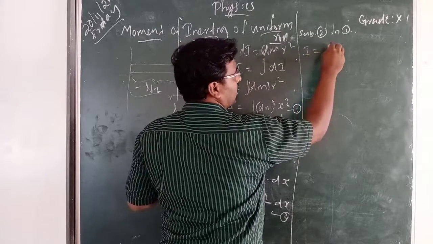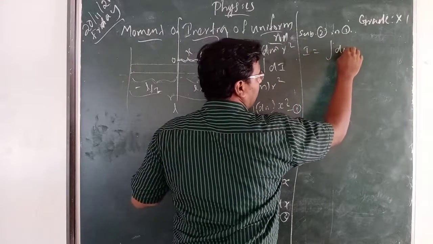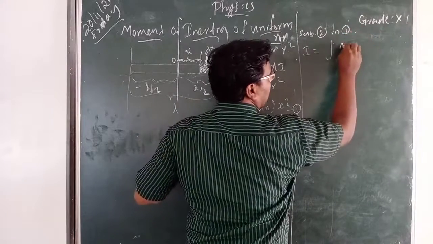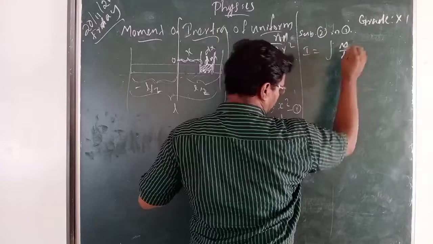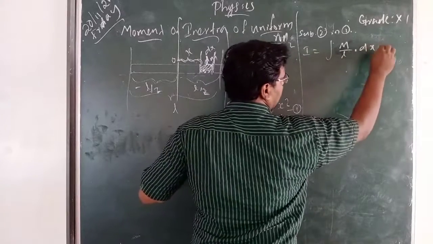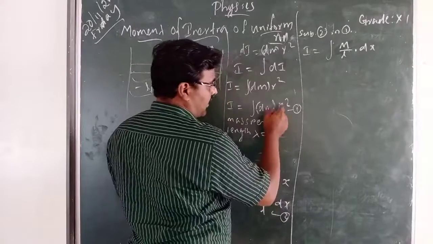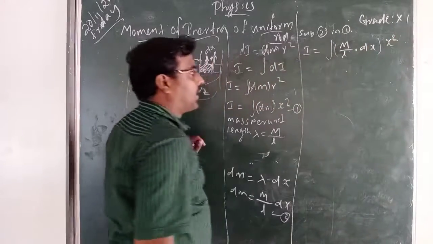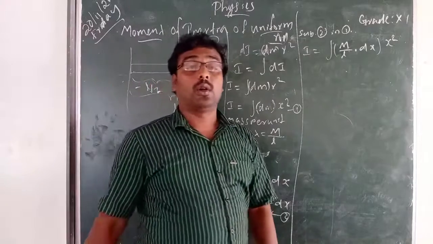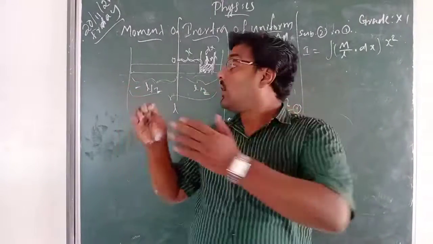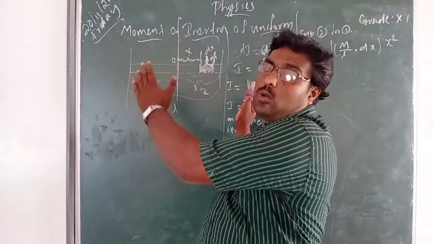So what we will get: I is equal to the integration of dm x square, where dm is M by L into dx. Now remember, we are finding the moment of inertia of the whole rod.